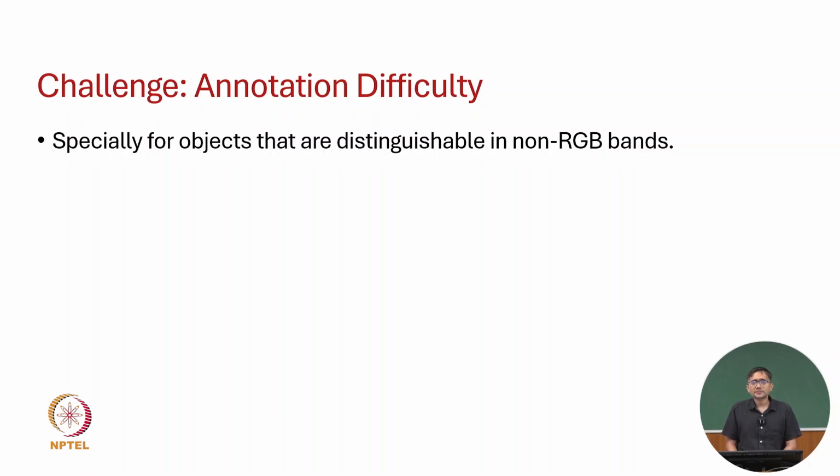Similarly, another aspect is the spatial resolution. As the spatial resolution goes down, as in the case of coarser resolution images, it's often a bit challenging to annotate the pixels. It may also happen in such cases that a pixel actually contains multiple objects instead of just a single object.